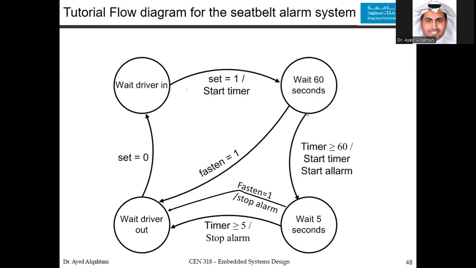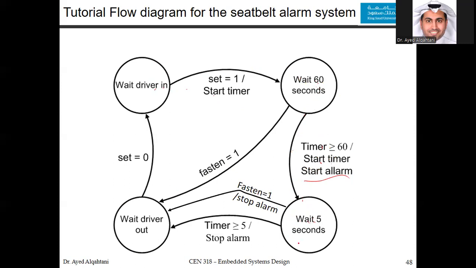Again, from here to here, we start the timer because we want to count 5 seconds. We also start the alarm, because moving to this state means that the driver is in and we waited 60 seconds without fastening the seatbelt. And this is why we wait for 5 seconds.